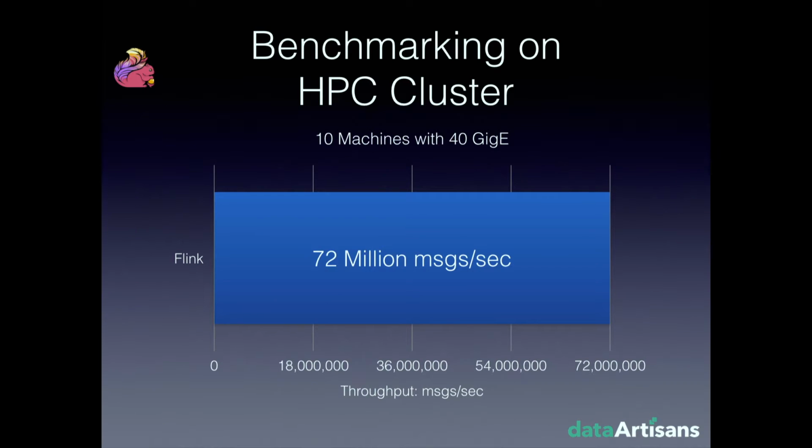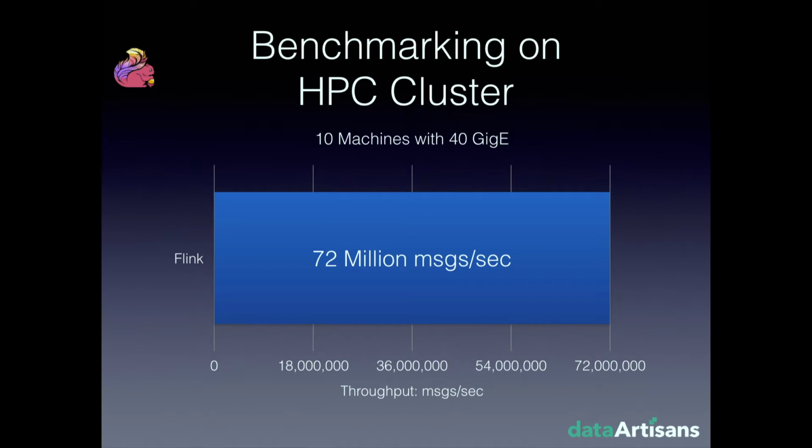Okay, and I just threw this in as a data point, so you kind of get a sense of what's possible. This is a benchmark I did with Flink on an HPC cluster. I actually did this in partnership with MapR because they lent me the hardware for this. But basically 10 machines, 40 gig interconnect between all the machines, because that's usually the bottleneck with Flink, the network.